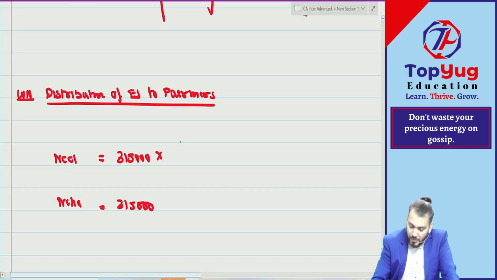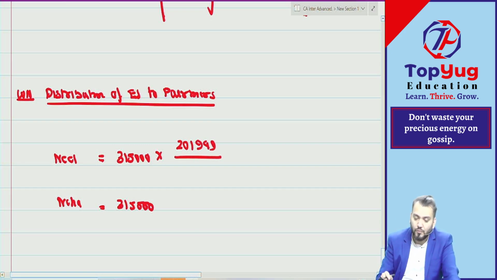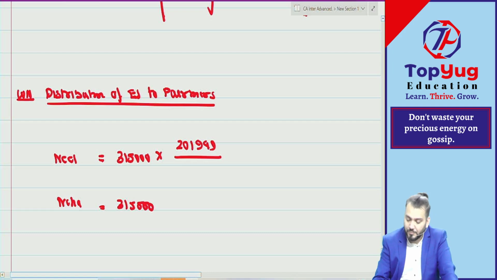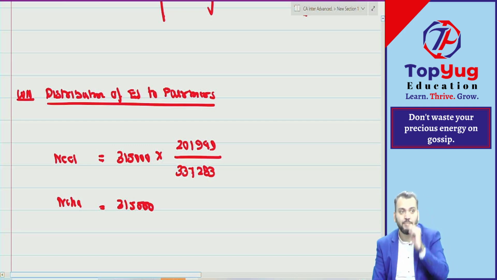It is 2 lakh 1,949, and the total is what? 2 lakh 1,949 plus 1 lakh 35,334. How much? 3 lakh 37,283. Understood this point?